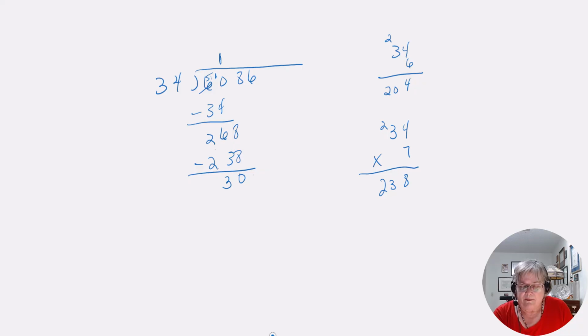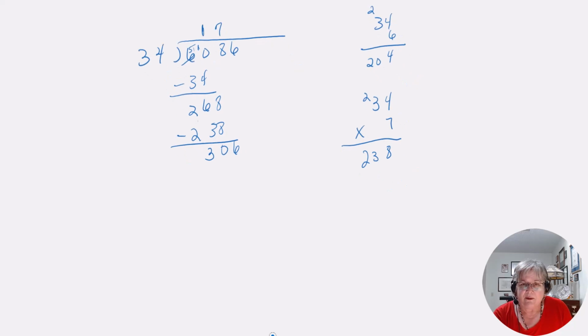Bring down the next column. All right, what do you multiply 34 by to get as close as you can to 306? If you had multiplied 34 by 10, you'd have 340, which is too big. But let's try 9. So 9.